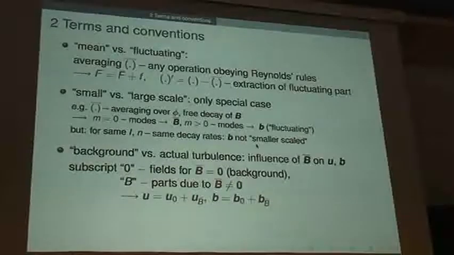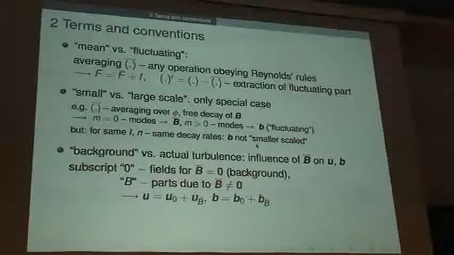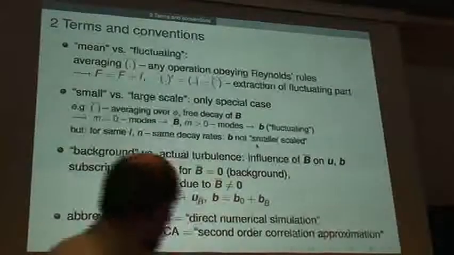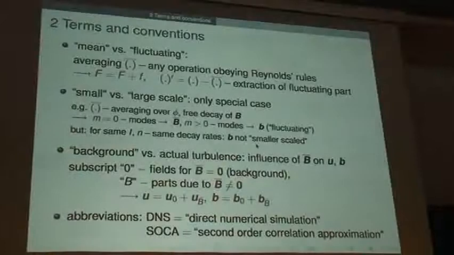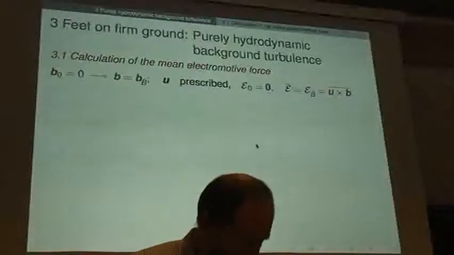But I don't consider how first a small scale U could be there and then a small scale B could emerge, which is a legitimate question in the case of a small scale dynamo, of course. But I don't consider this process. And then abbreviations: you have already heard SOCA and DNS. It has nothing to do with genetics, but with direct numerical simulation.